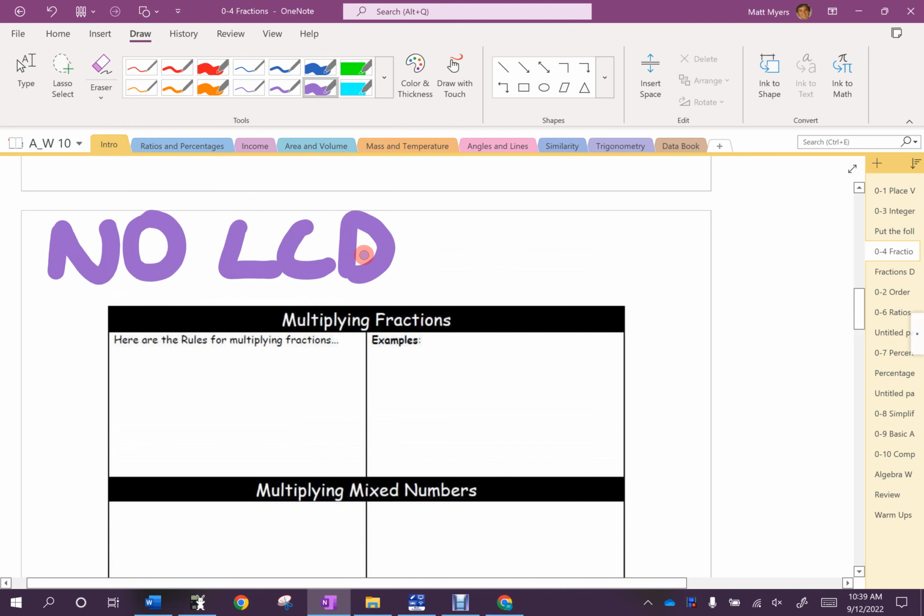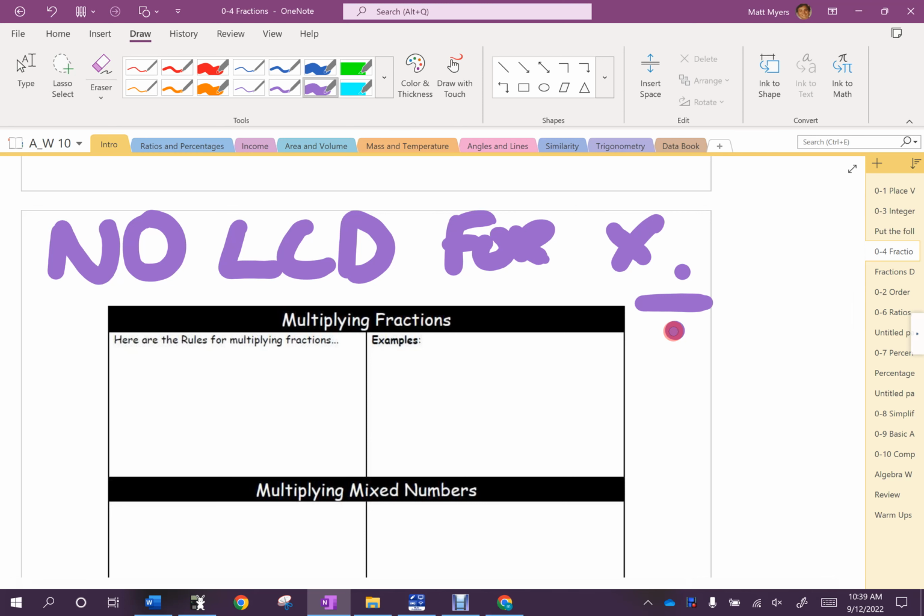Lowest common denominator. No LCD for times and divide. That is the mistake kids make. Your teacher spends so long talking about common denominators when you're adding that it gets stuck in your head and you think you always need them. Do you need any lowest common denominators on this whole page? No. No LCDs for this.